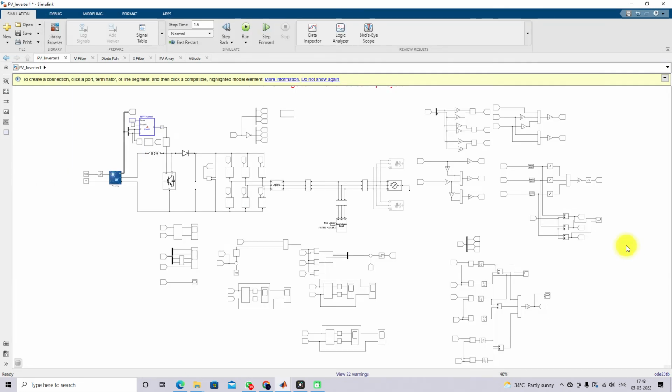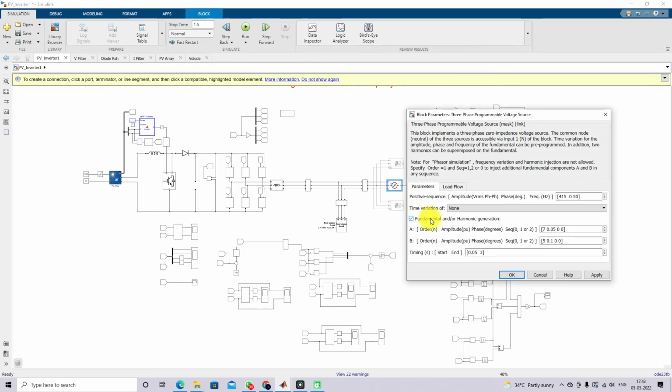At the same time, I'm going to explain the system with voltage distortion on the grid side. For that, I'm going to add the fifth and seventh harmonic in the system after 0.05 seconds.